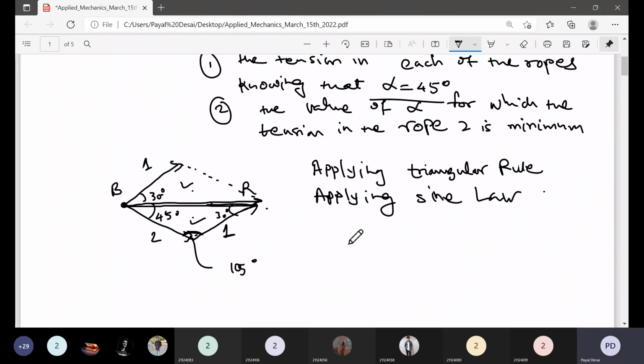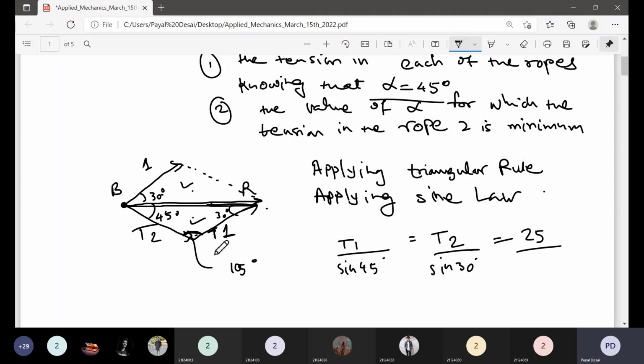So we can simply apply the sine rule. Let us call these the tension in rope 1 and the tension in rope 2. So T1 divided by this angle, that is sine 45, then T2 divided by this angle, that is sine 30, and the resultant, which is given as 25 kilonewton, divided by sine 105 degrees, right?